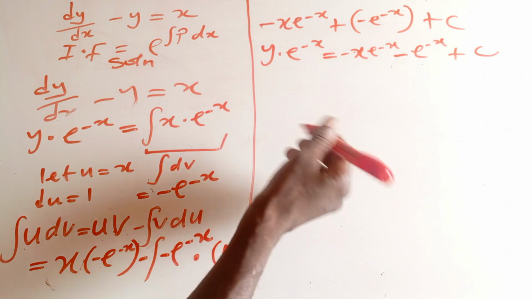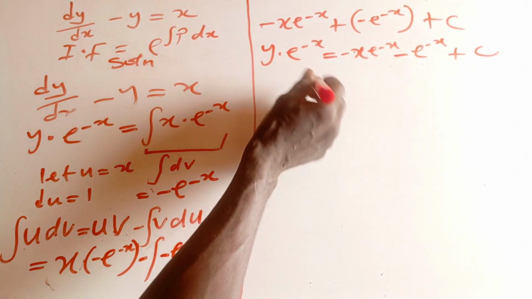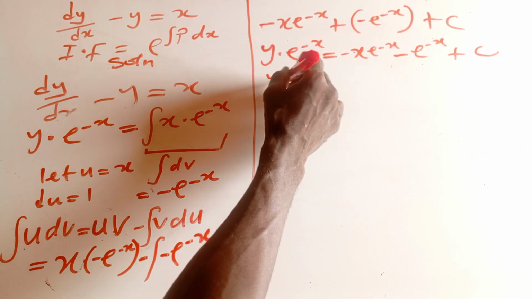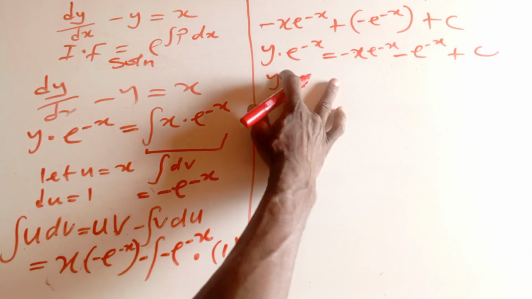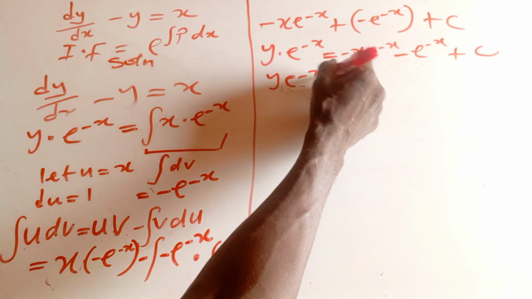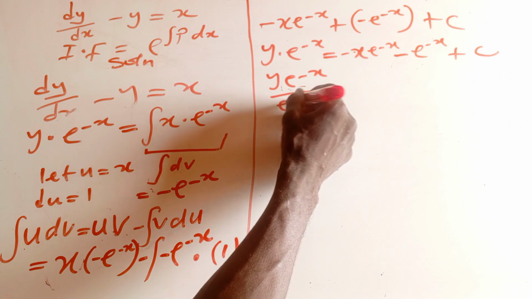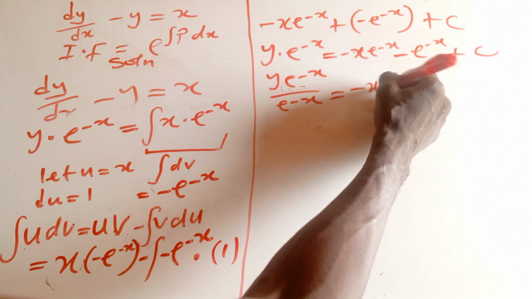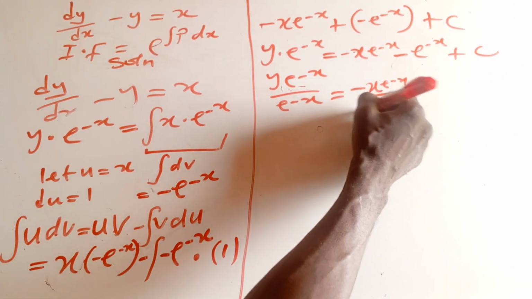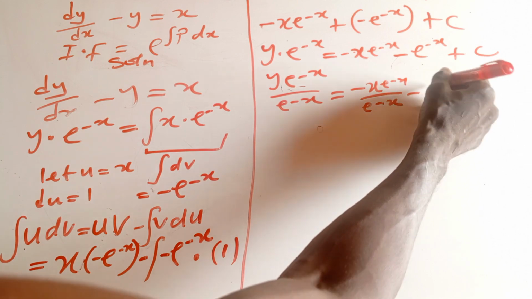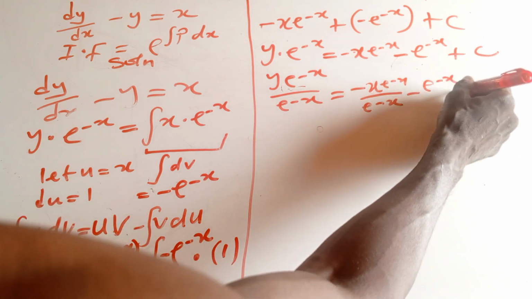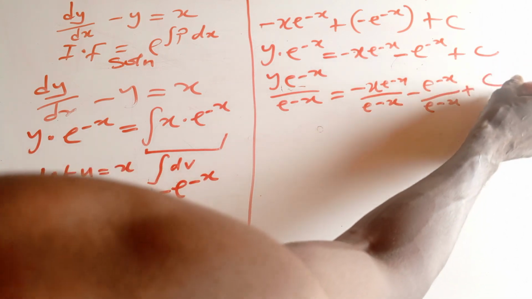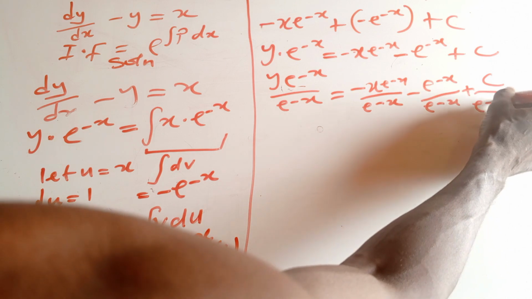Therefore, y exponential minus x all over exponential minus x is equals to minus x exponential minus x, minus exponential minus x, plus c, all over exponential minus x.